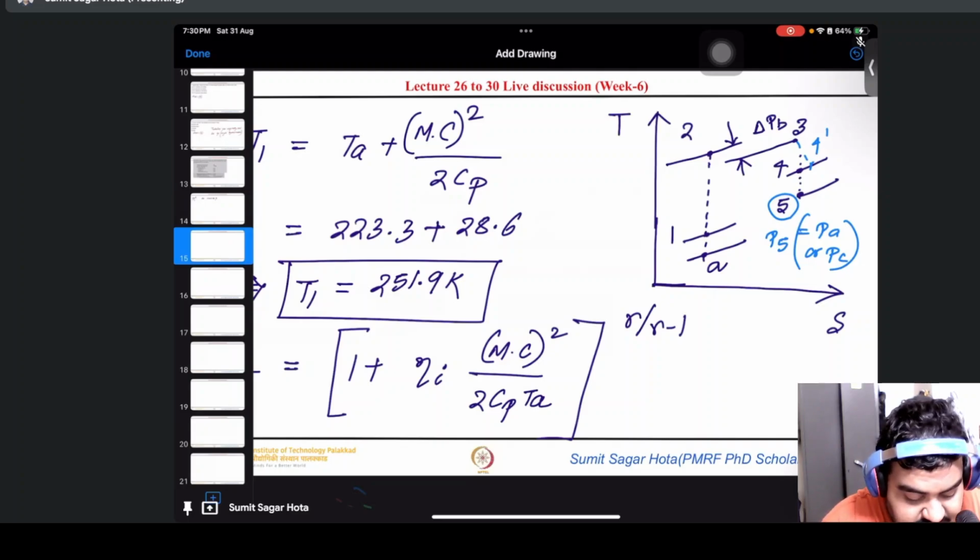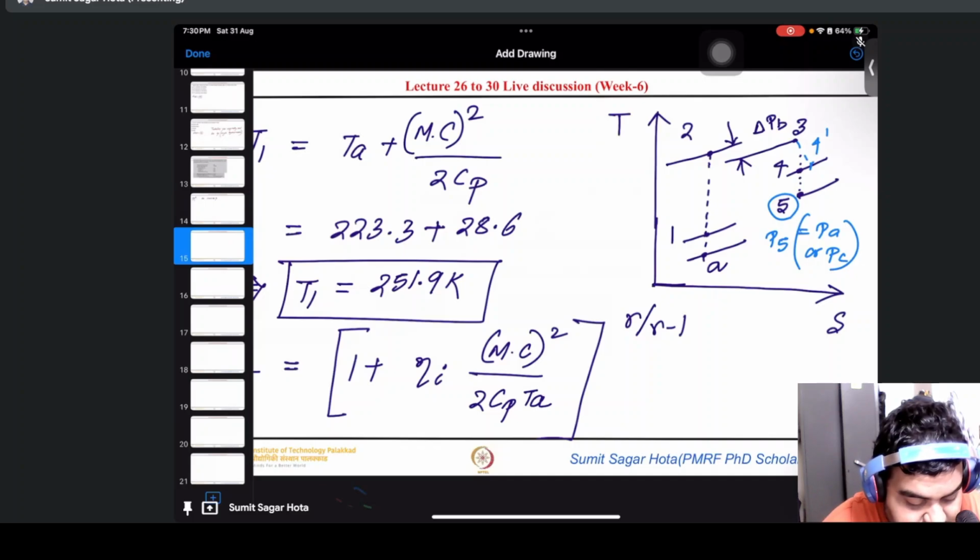So we are here first of all considering 3 to 4. But in 5 condition it will be critical condition, critical pressure ratio, all these things will come into existence. So T3 to T4 is your turbine, and if the turbine is there, that means we have a formula for turbine work.